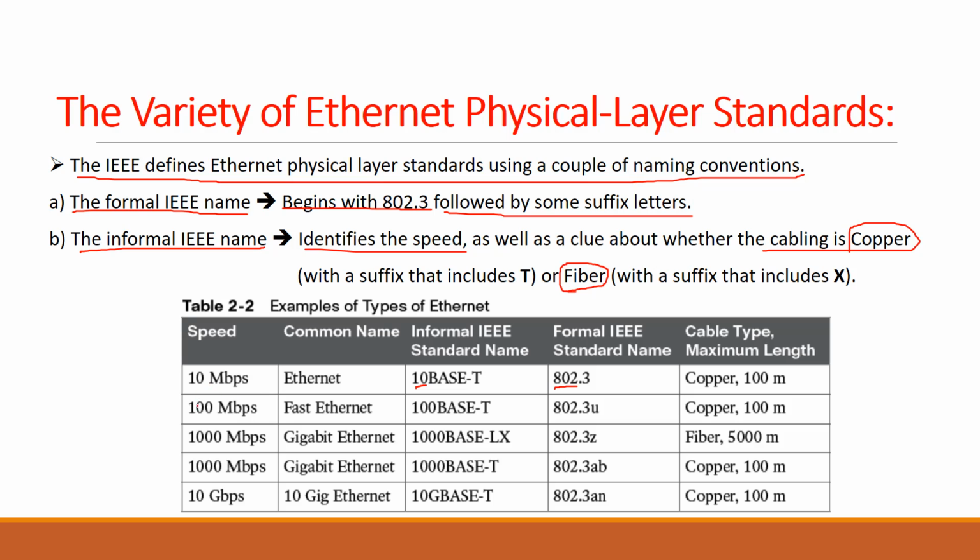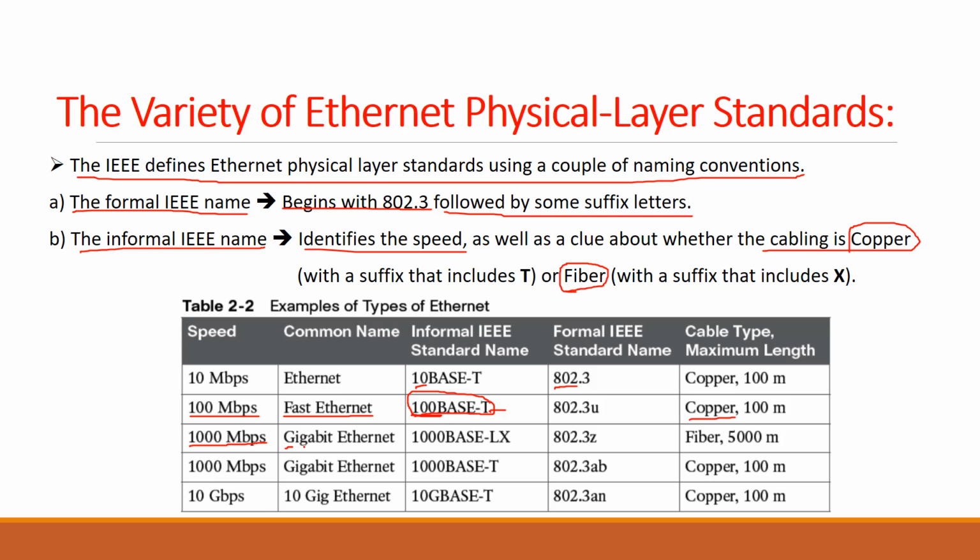Let's take, for example, the 100 megabit per second speed, or sometimes we call it fast Ethernet. The informal IEEE standard name for fast Ethernet is 100 base T, and T refers to copper, and 100 refers to the speed. Let's take 1000 megabit per second or 1 gigabit per second.